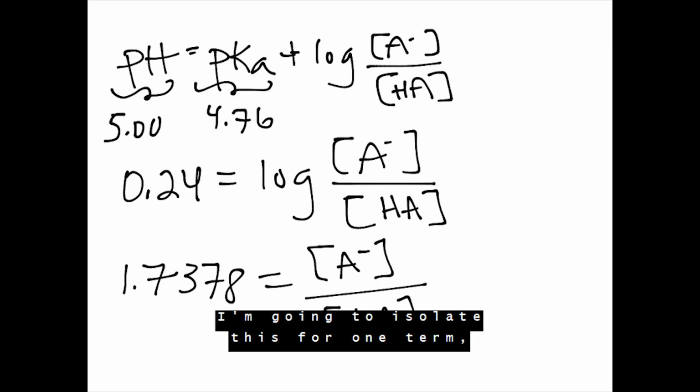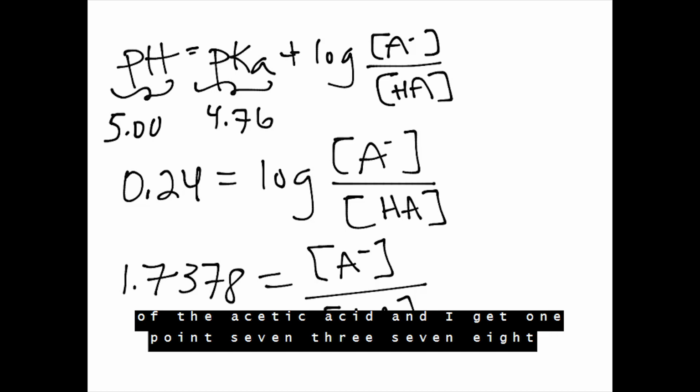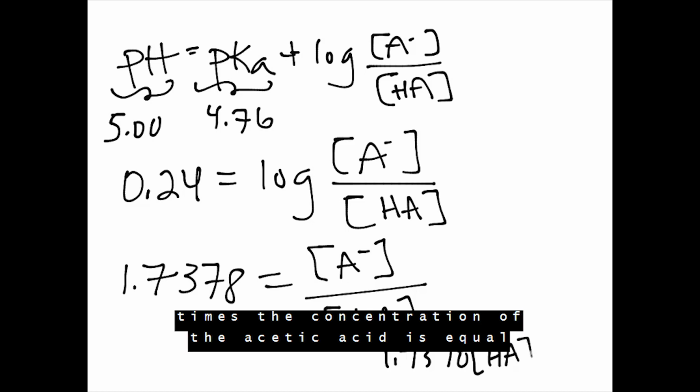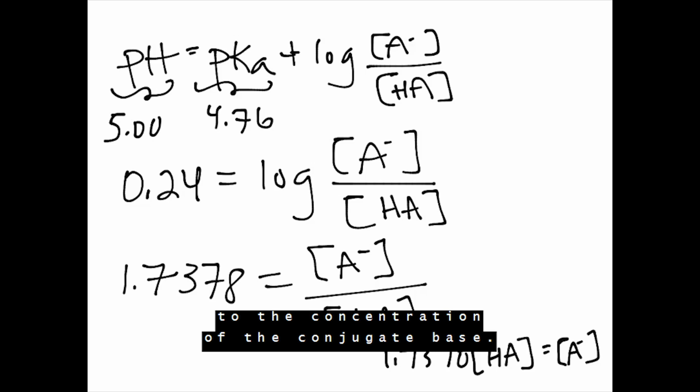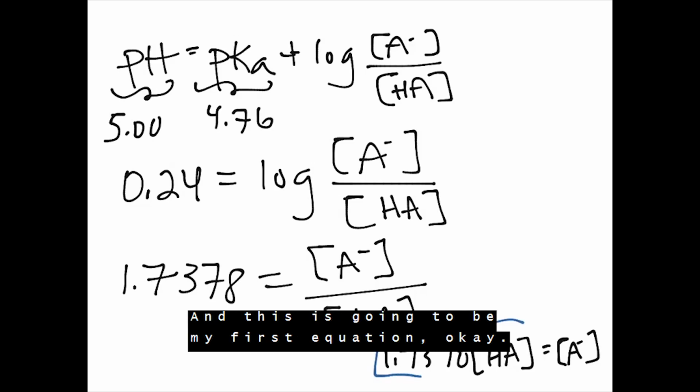I'm going to isolate one term, so multiply both sides by the concentration of the acetic acid, and I get 1.7378 times the concentration of the acetic acid is equal to the concentration of the conjugate base. And this is going to be my first equation.